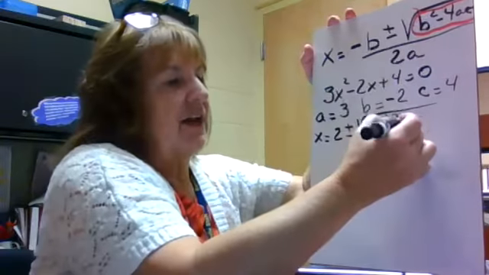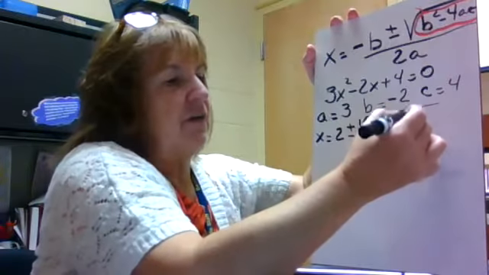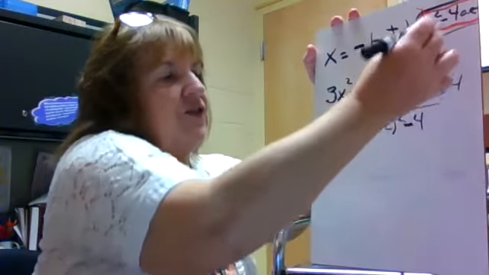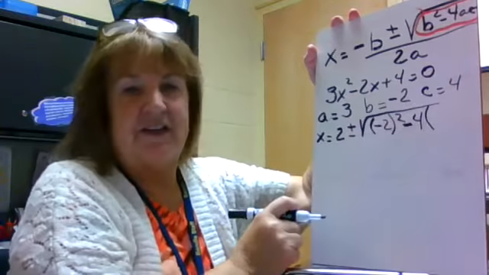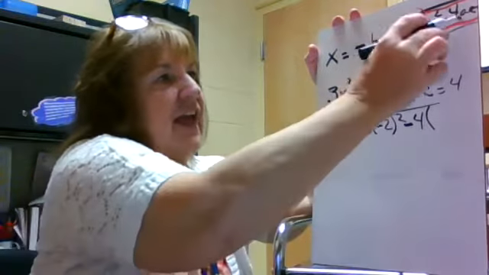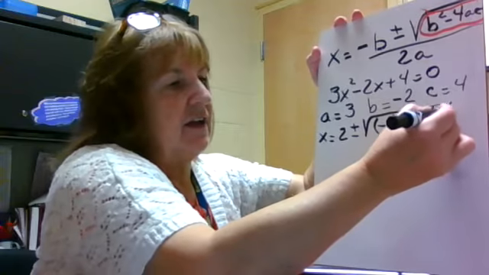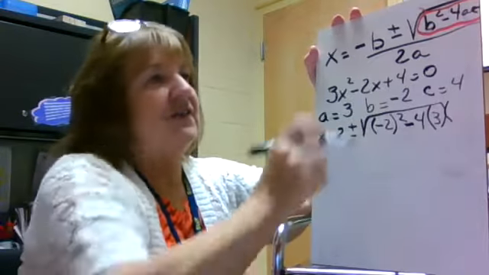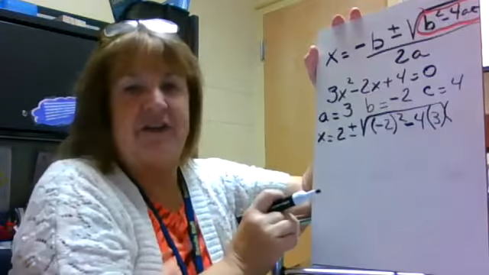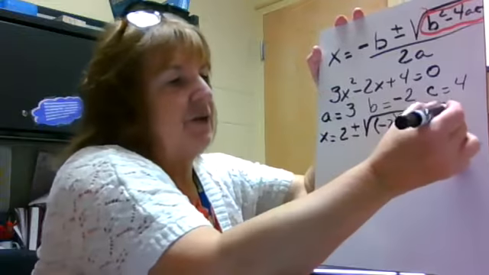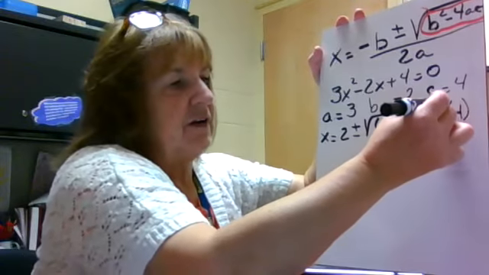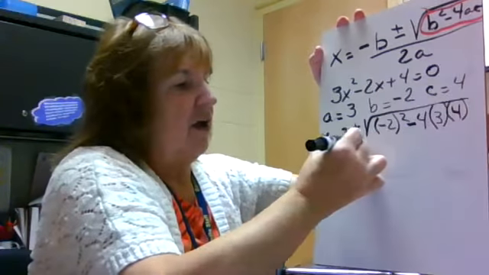Then keep writing, -4. Here's another letter, so it needs parentheses. The letter is A. The A is 3. Then you have a C, so it needs parentheses. And the C number is 4. All over.